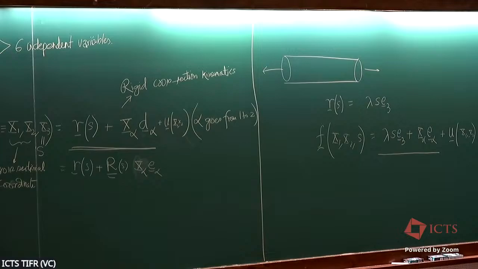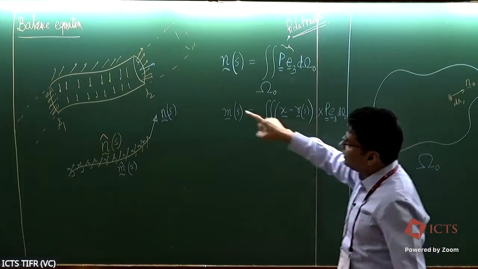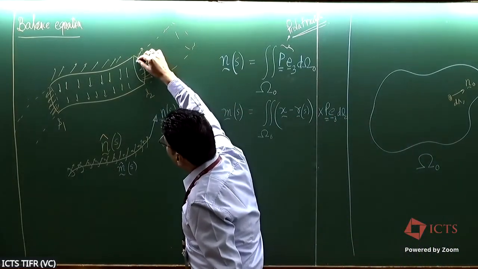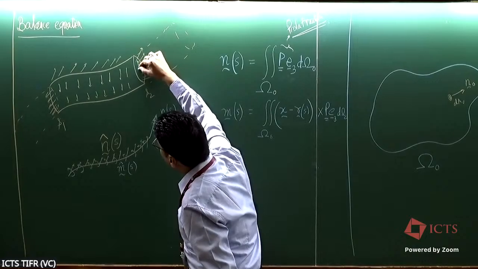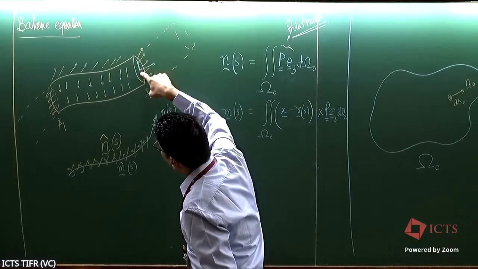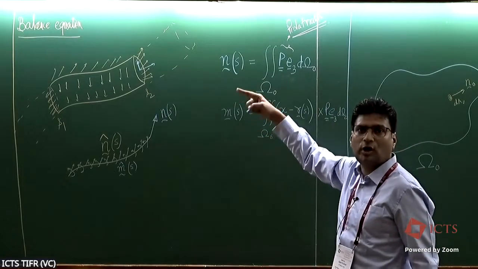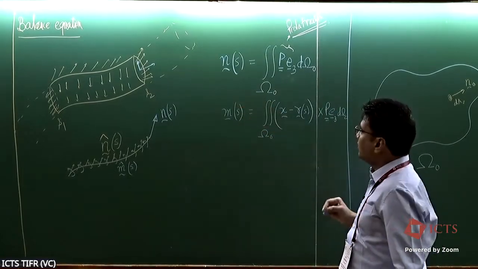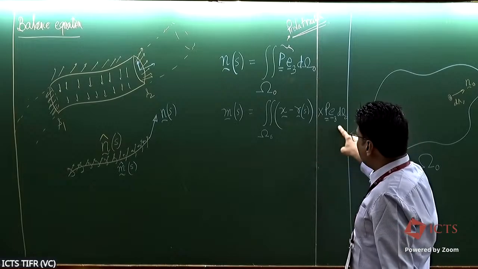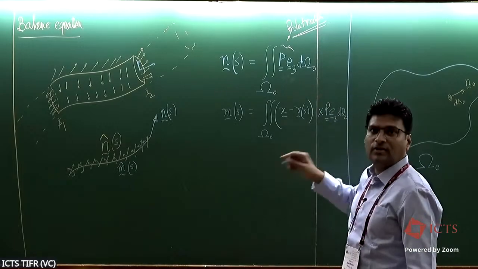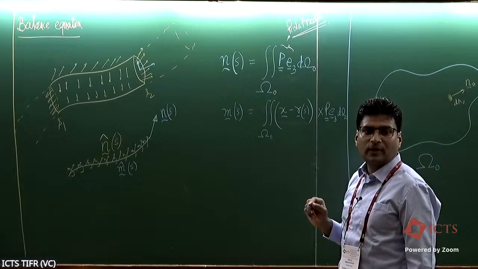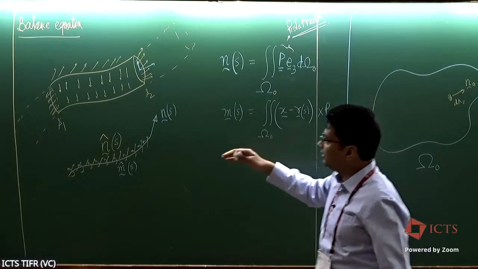I want to avoid that because that is sort of misleading. Whatever the point X is, you find the arm because you are computing the moment about the centroid of the cross-section. Cross product the little force and you integrate over the undeformed area and you get the moment carried by the cross-section here.